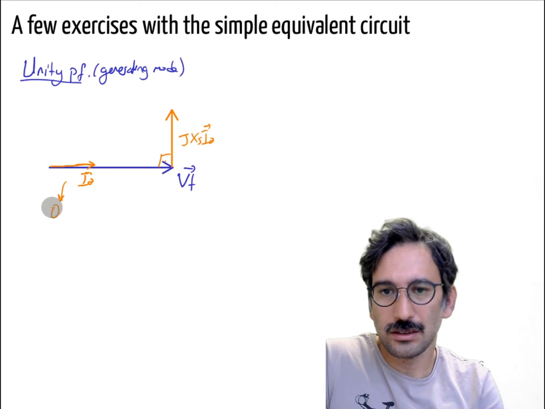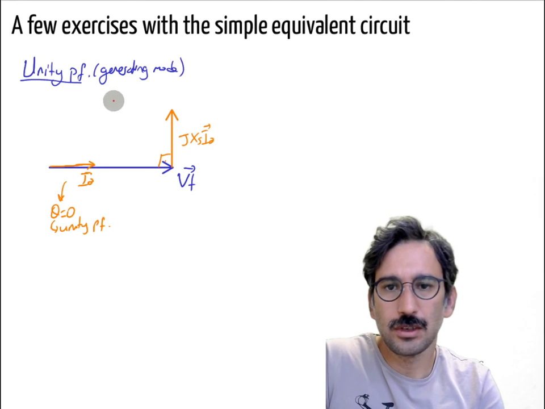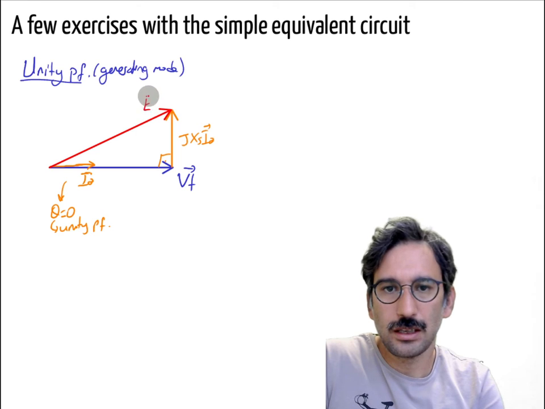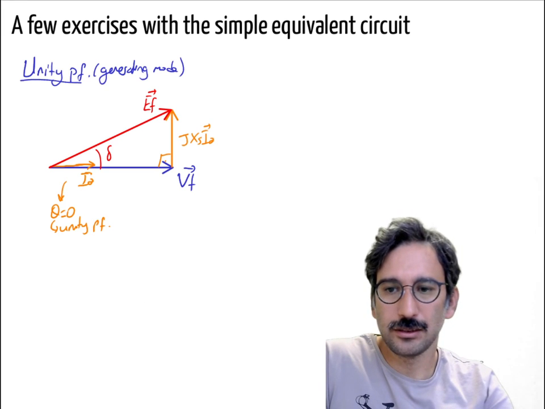So theta is equal to 0, unity power factor, right? Then that is your EF vector, right? So this is your load angle.